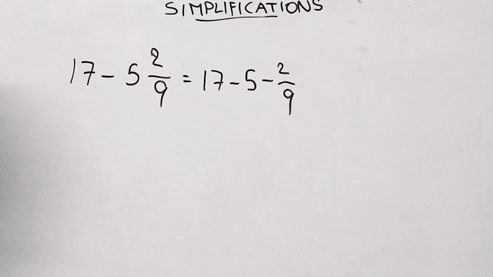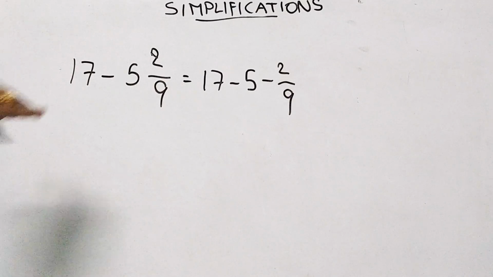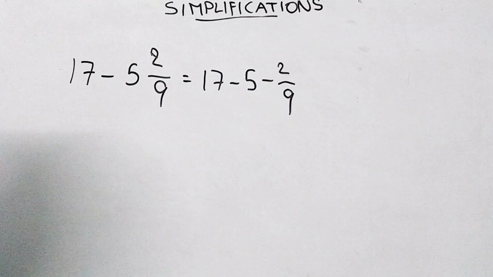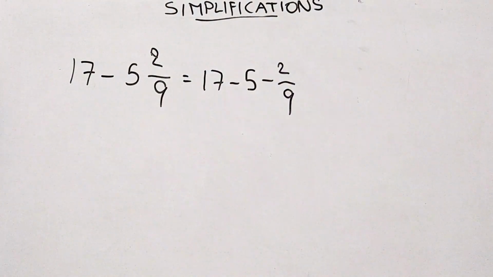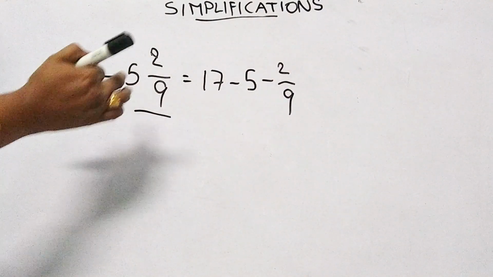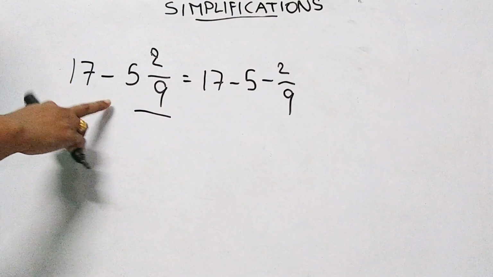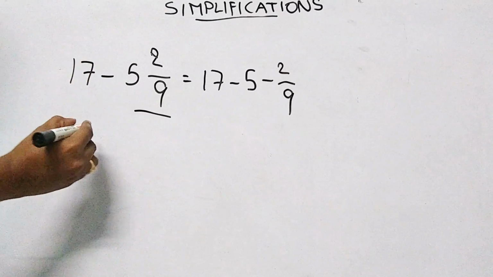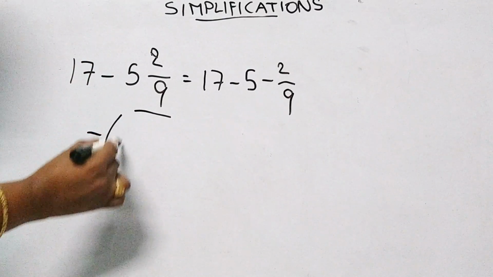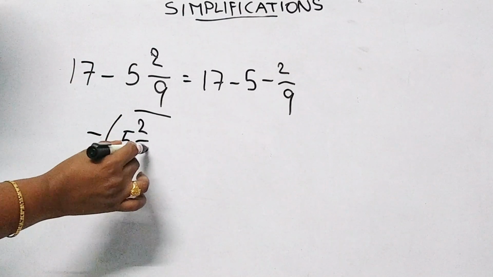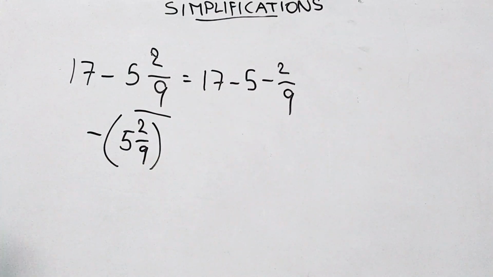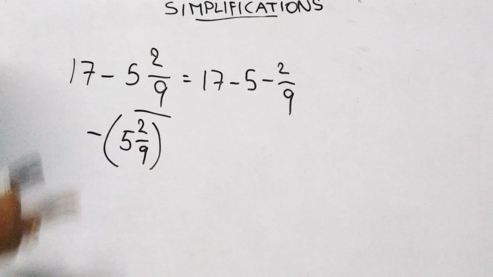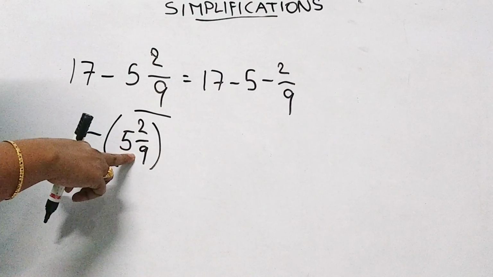I know that you are thinking why I am writing 2 by 9 as minus 2 by 9. Okay, I will tell you. The number is 5 2 by 9, but this is not plus 5 2 by 9, this is minus 5 2 by 9. So the minus applies to the integral part as well as the fractional part.